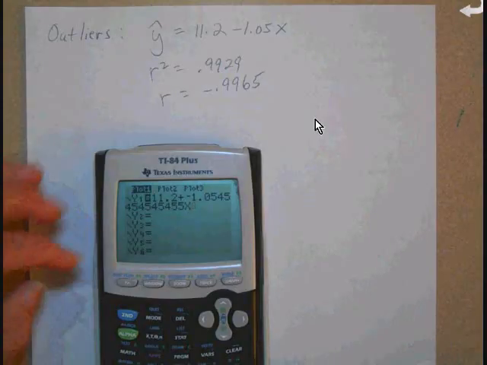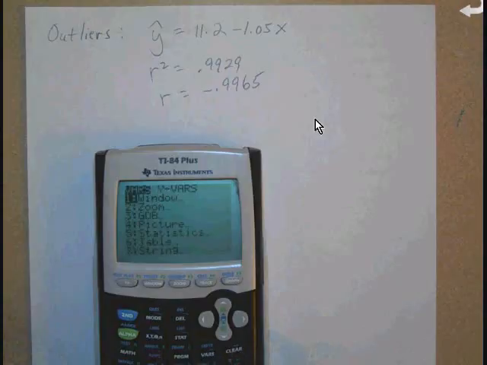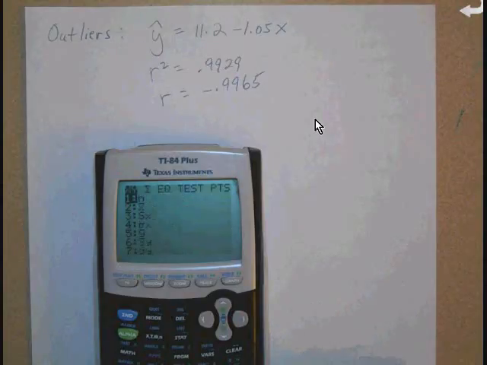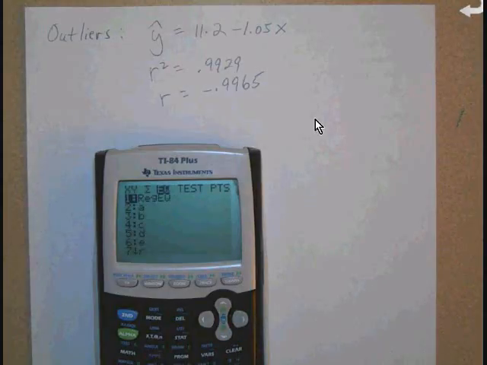Okay, so I'm on the y equals screen. So the buttons I push are going to be vars, number 5, statistics. Oh, this is why it's good that it's being recorded now. Arrow over to EQ, and it's number 1, regression equation.